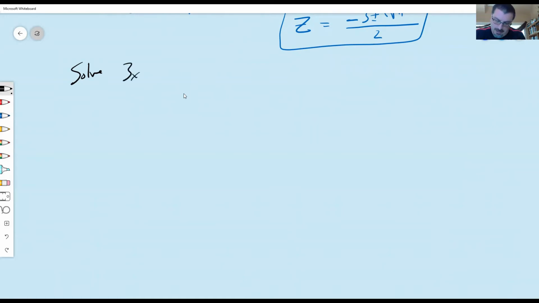So 3x squared minus 5x minus 3 equals 0. Let's get the x squared and x term by itself, so the constant we'll add to both sides.